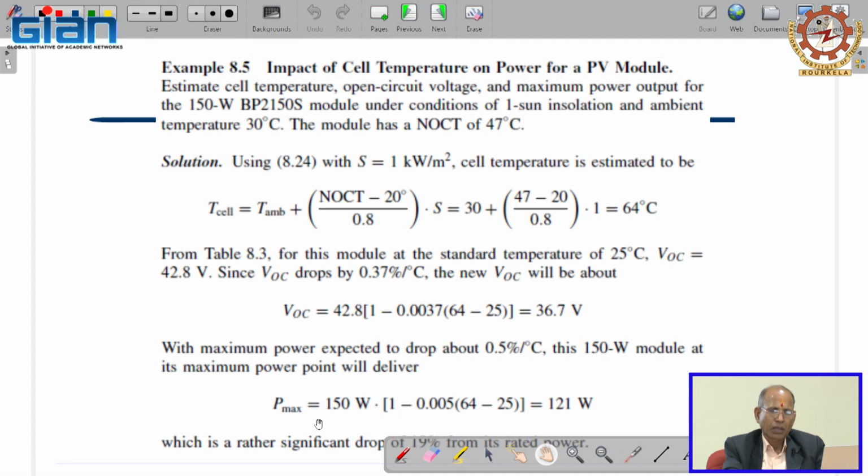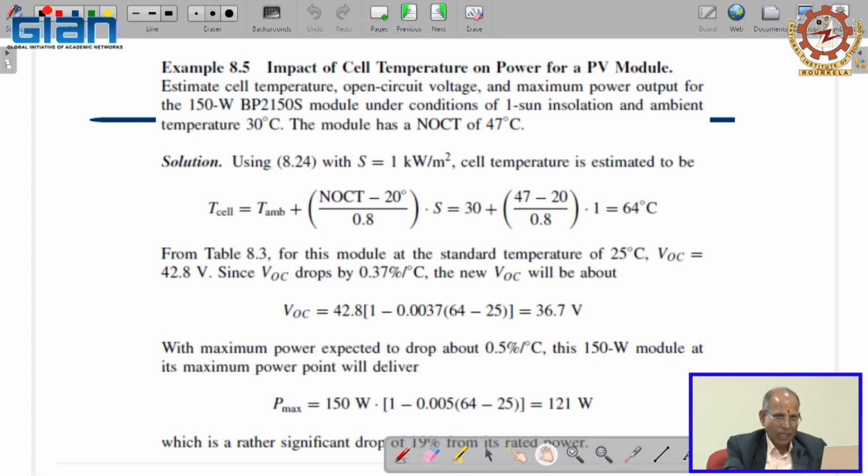And your Pmax: you had the nominal rating of 150, so it will decrease by 1 minus 0.005 × (64 - 25), so the power output will drop from 150 to 121 just because of the one variation of temperature.